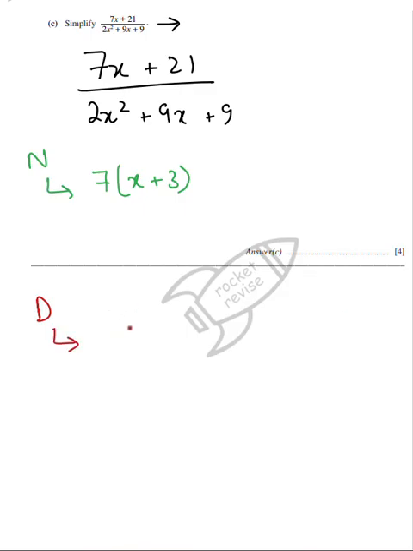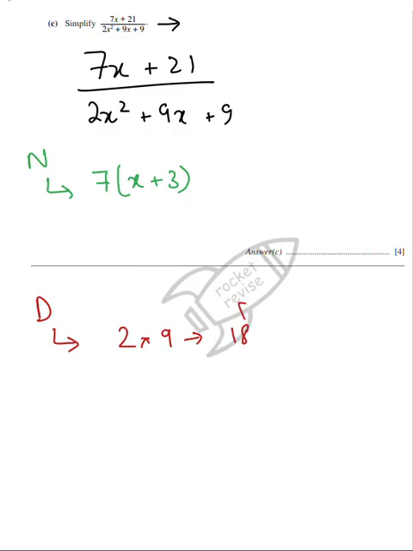Now denominator, what do we have? What was the rule I told you all when we have the value of a in the form of any number which is above 1? Yes, we multiply a and c together. So 2 multiplied by 9 gives us 18, right?